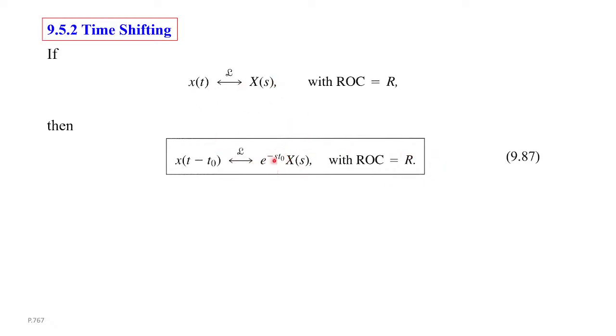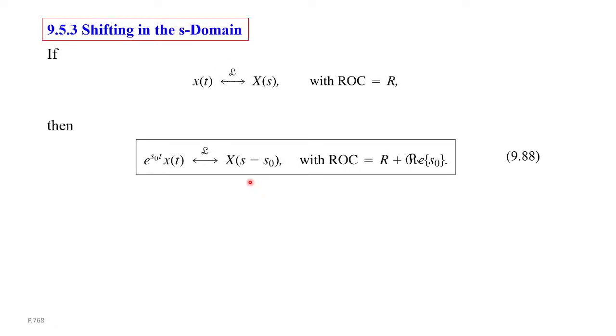You will get H(s) e to the minus s t0 when you change t to t minus t0. The ROC doesn't really change, because the integral is finite for any finite shift, so it's okay.